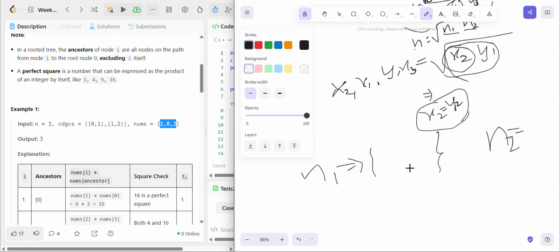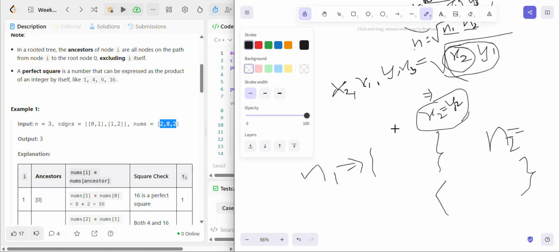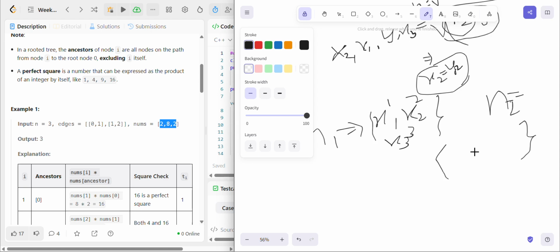Prime factors will come like this, and we will prime factorize n2, and it will be like this. Then we look at all the odd powers: we have x1 power 1, x2 power 2 and x3 power 3, and here y1 power 1, y2 power 4 and y3 power 3.